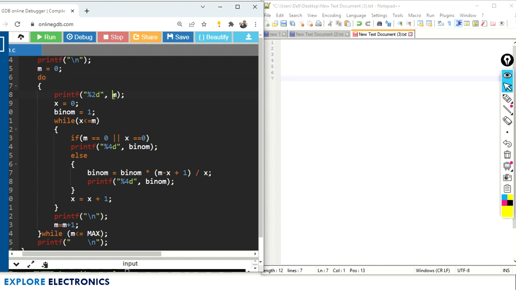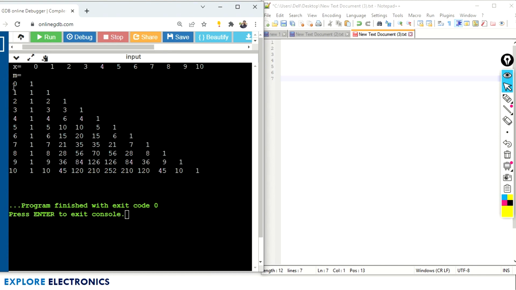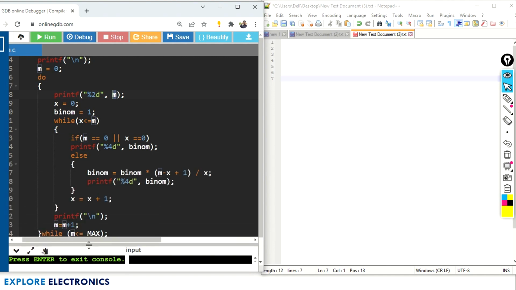Now what is this m that we are printing? It is this. From here you can see this is what we are printing in the first iteration. In the next iteration we will be printing this, and again in the next iteration this. So first we will print the m value. Now we are having m as 0 and we need to initialize the value of x as 0.